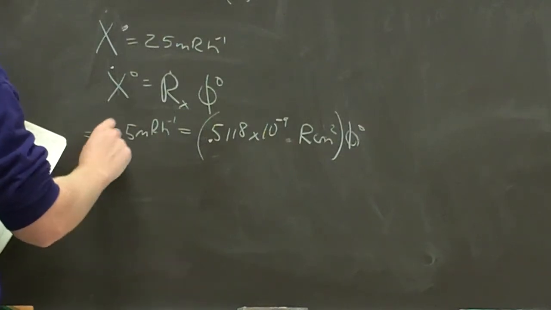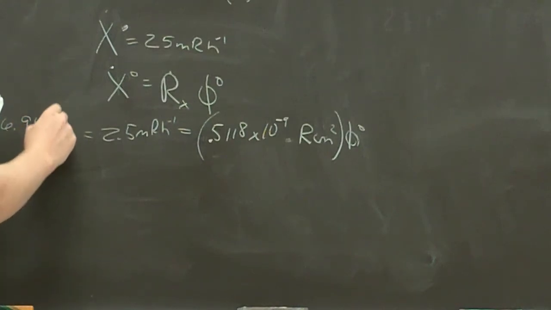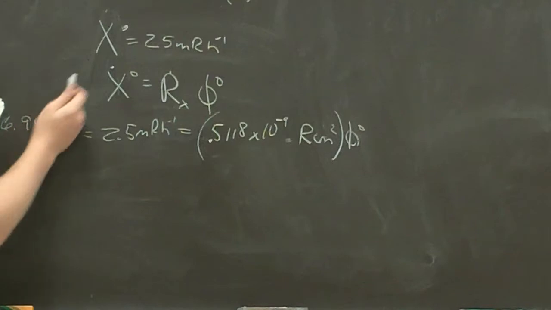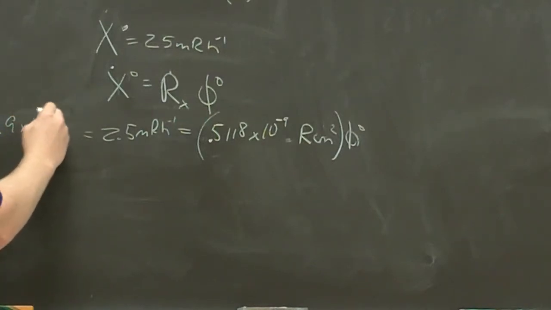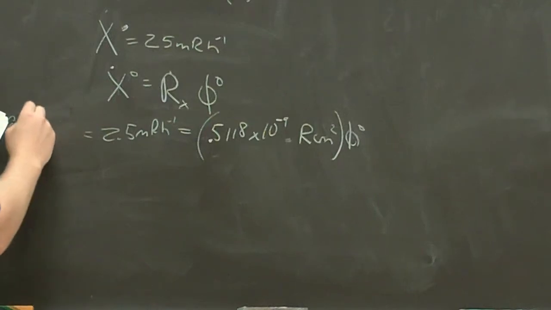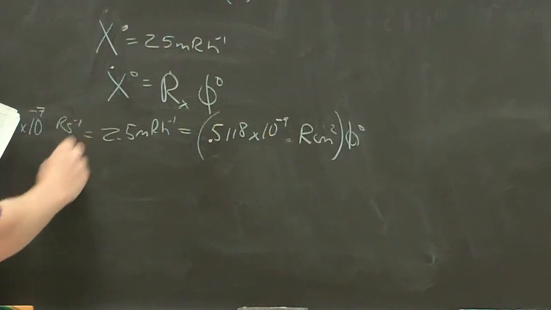So you have to convert this to seconds. And what was it? 6.944 times 10 to the minus 7, R per second.